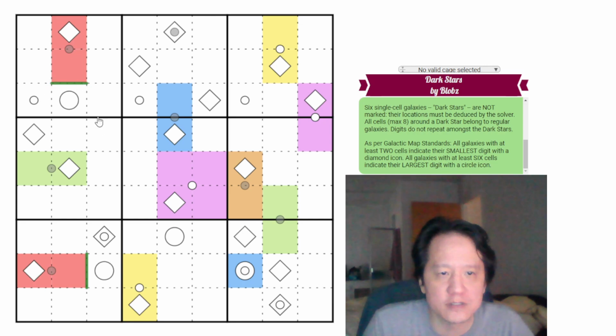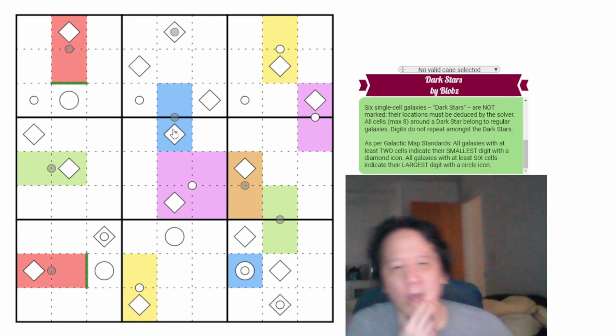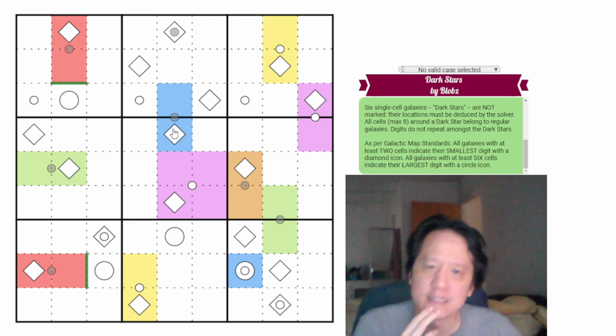This has to be 6, so that's at least a boundary. What other boundaries do we have? This has to be a boundary because... Wait, this could be the same one. Interesting.